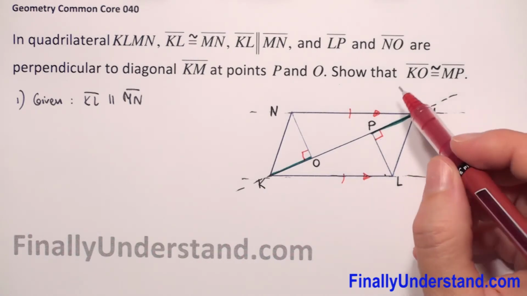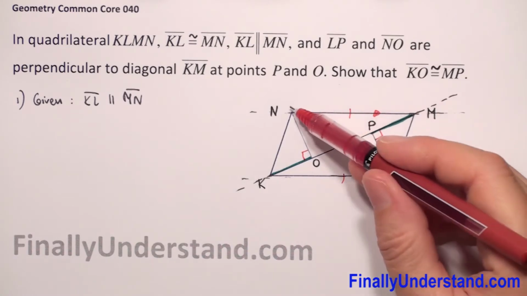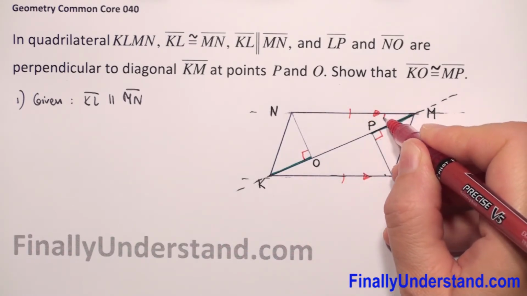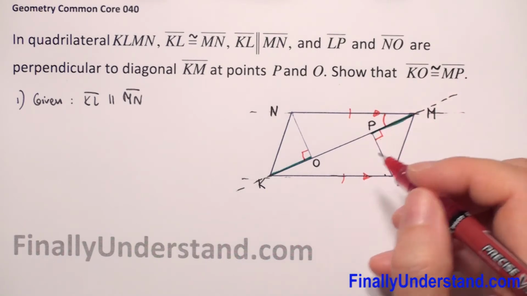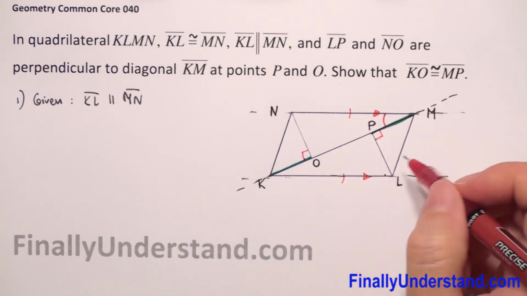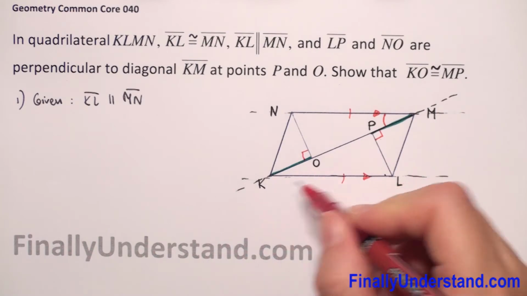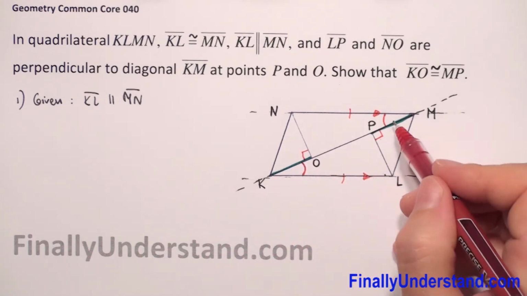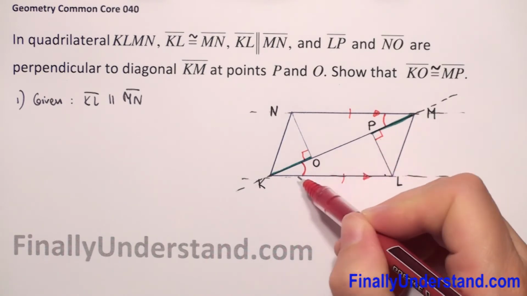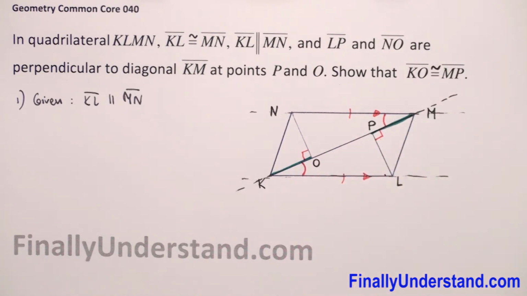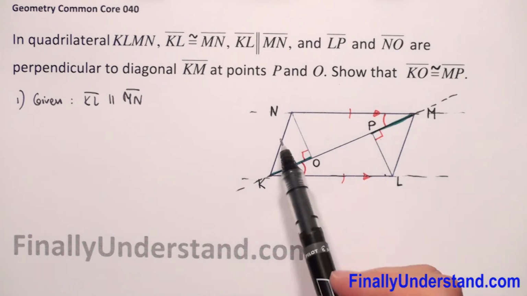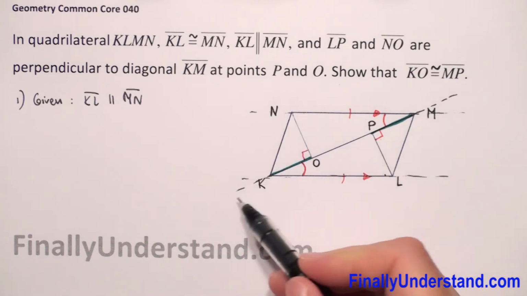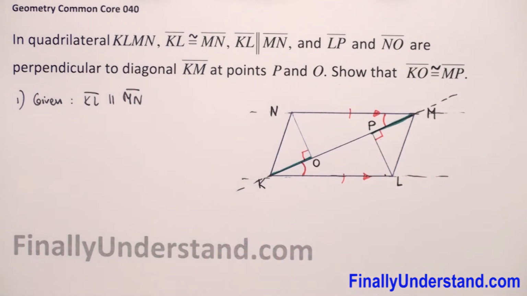So angle MNK is congruent to angle LKM. These two angles are alternate interior angles, and they are congruent because these two lines are parallel and cut by transversal KM.